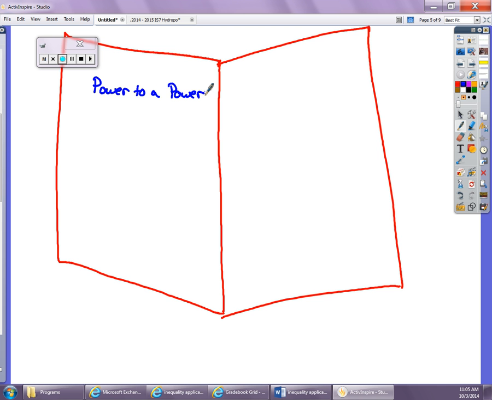A power raised to a power, so let's say we have x to the 4th to the 3rd power. That actually means x to the 4 times 3, which will give me x to the 12th.